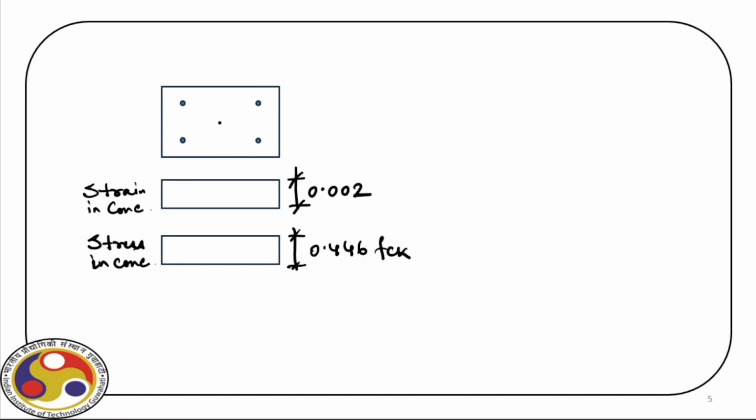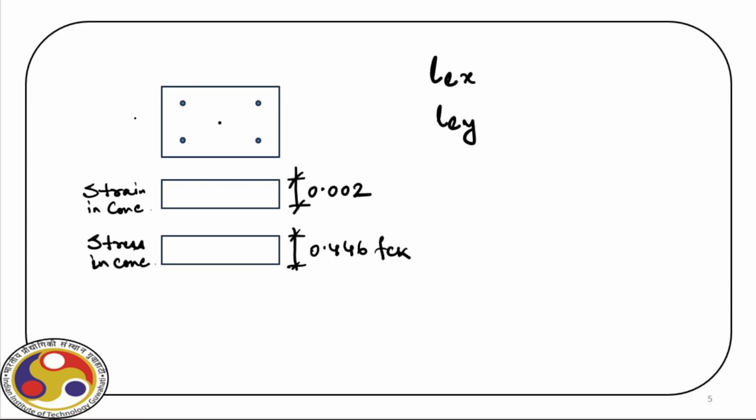So if you have a column which is spanning between two floors, the distance between the soffit of the beam to the floor level is basically the height of the column, and then L effective is the height of the column that we can define along x direction, as well as we can have a different value along y direction.